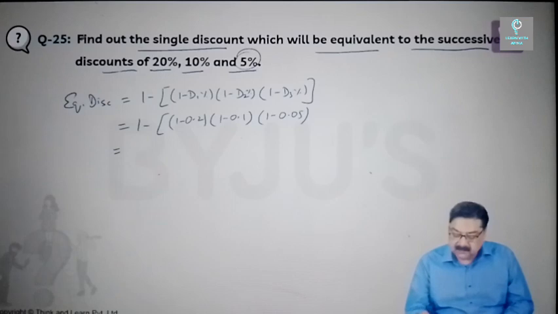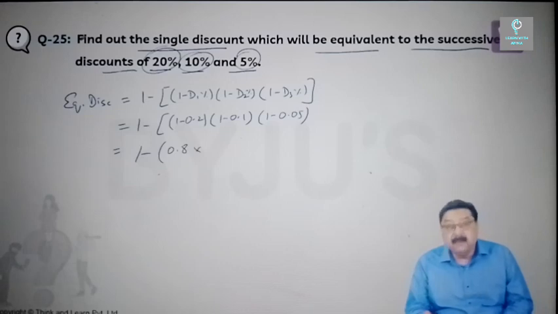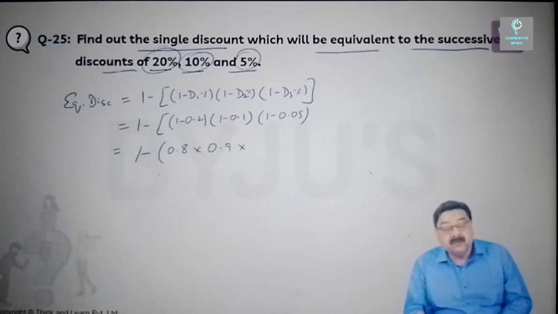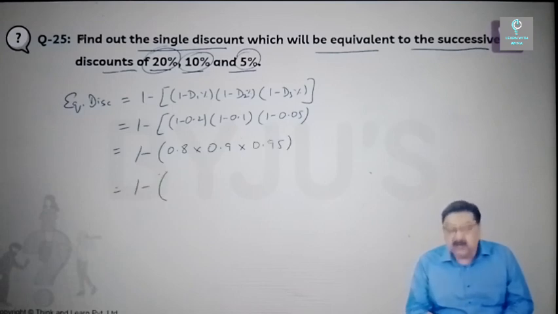This is 5%, this is 10%, this is 20%. So 1 minus 0.2 is 0.8 into 1 minus 0.1 is 0.9 into 1 minus 0.05 is 0.95. But this we already know, no? 0.8 into 0.9, that is 0.72. So 0.72 into 0.95 is all that we need to do.